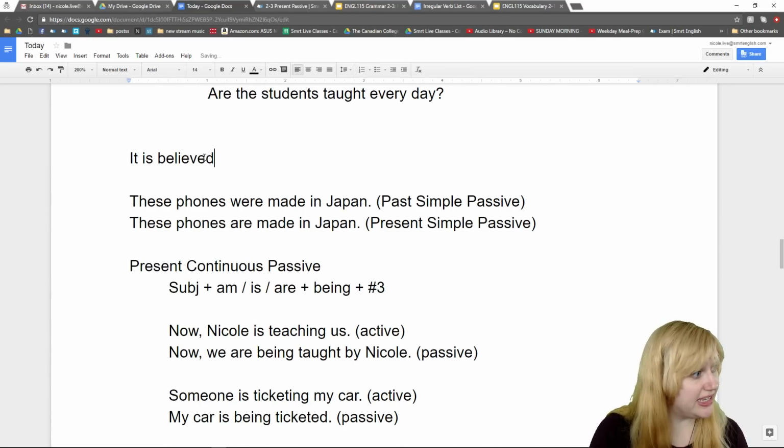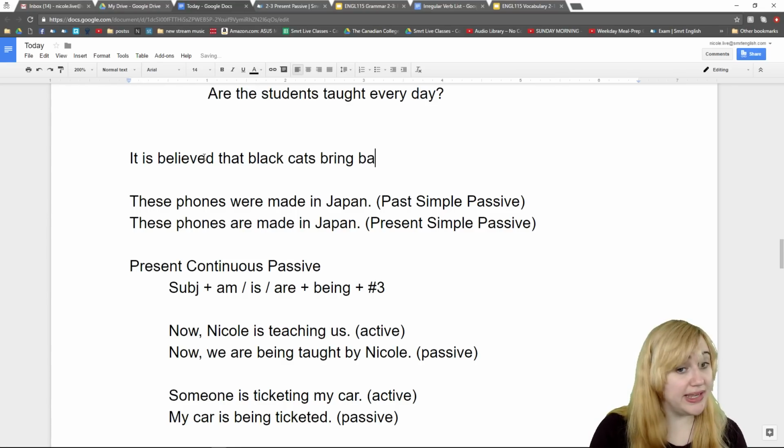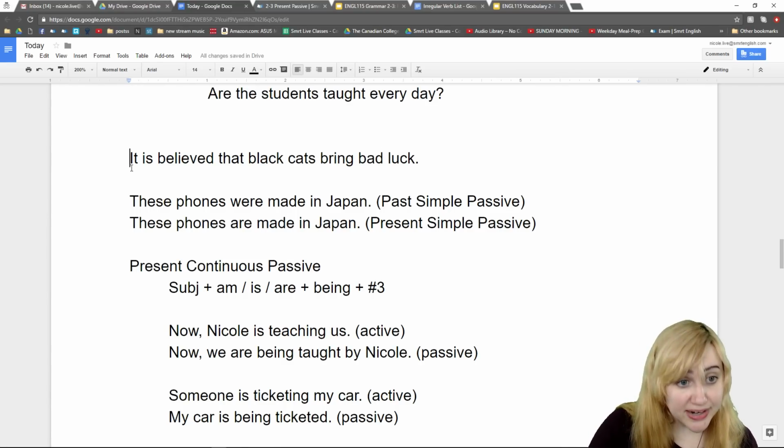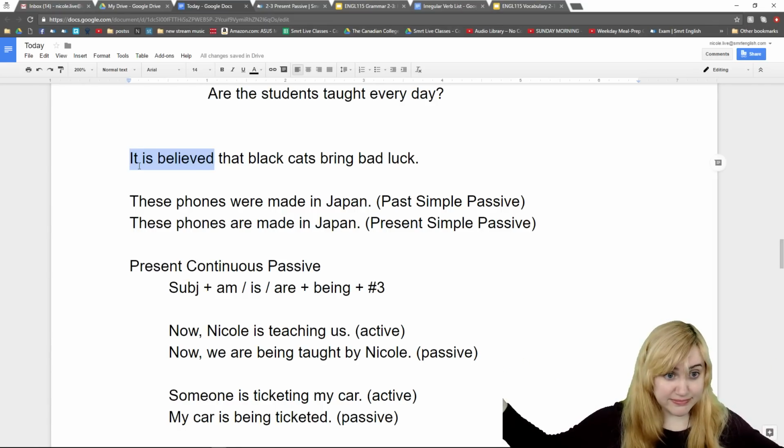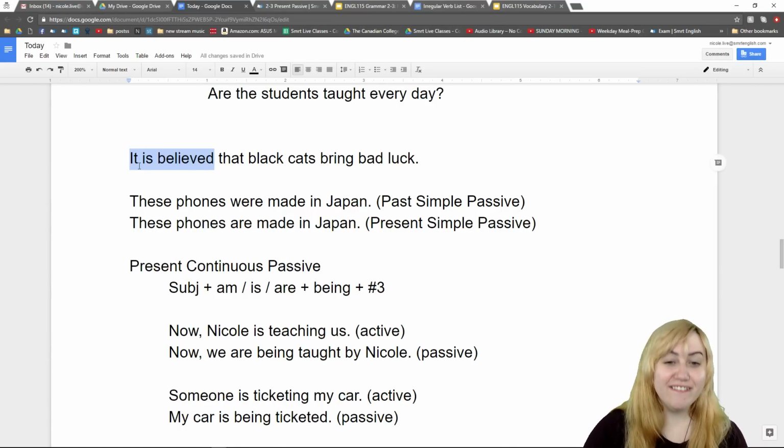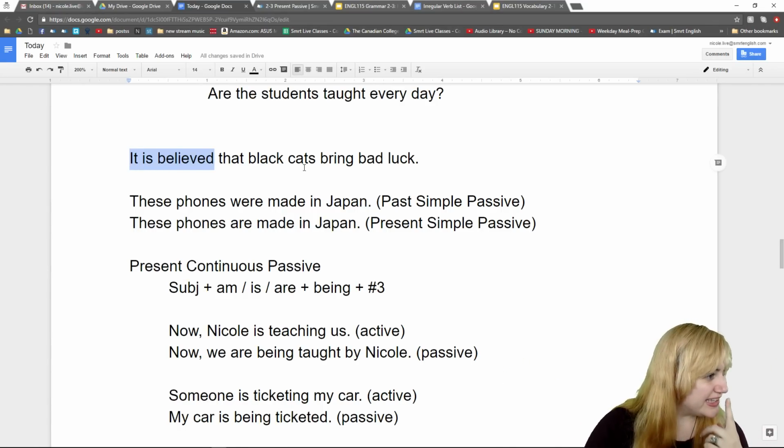It is believed that black cats bring bad luck. This part here, it is believed, is passive. Absolutely. This means that some people believe. Very nice.